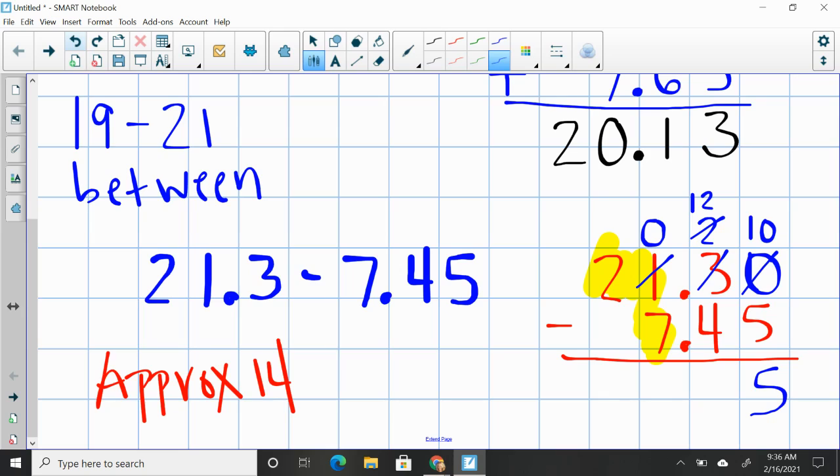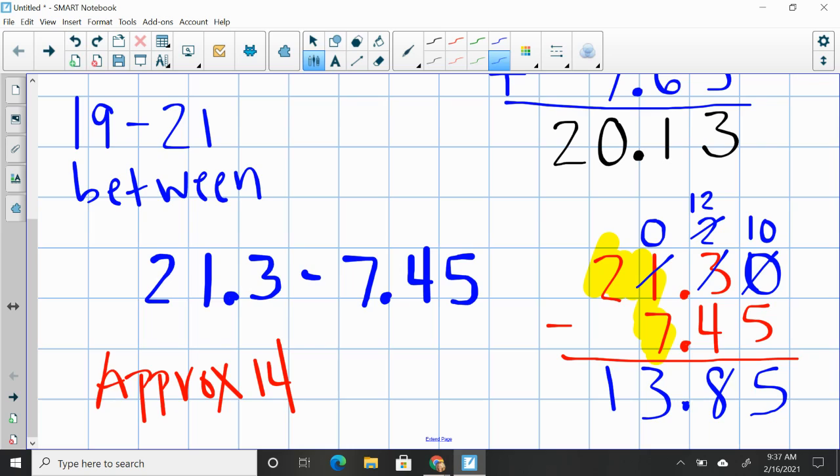When I look at this as 20 minus 7, I look at that as a basic math fact. I know that 20 minus 7 is 13. Okay, and so that's okay to do that. So my answer is 13 and 85 hundredths. Is that close to 14? Yes, so my answer is reasonable.